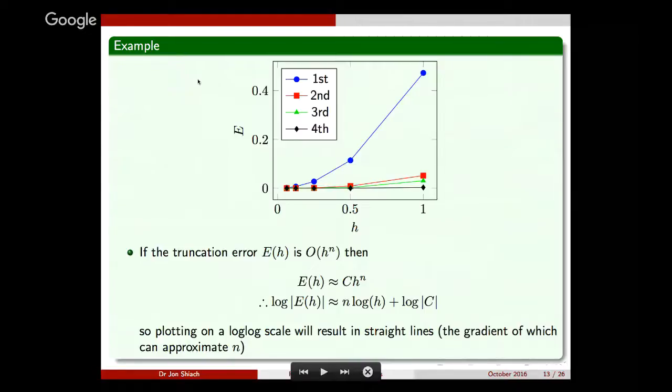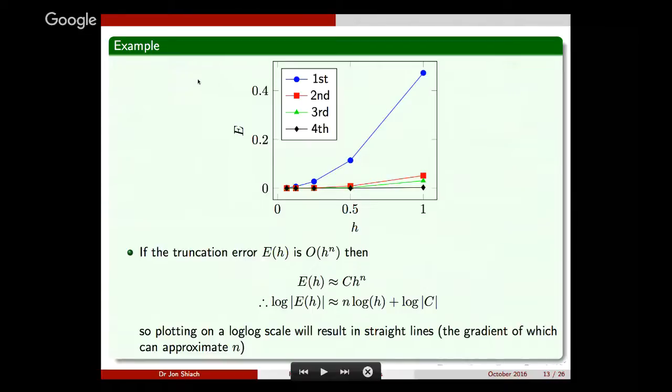As we reduce the step length h, our error for our first order comes down considerably, and then keeps coming down further and further. So as h reduces, our first order method tends to 0. But the second order, the red line, is so much better. Again, as h reduces, that gets closer and closer to 0.